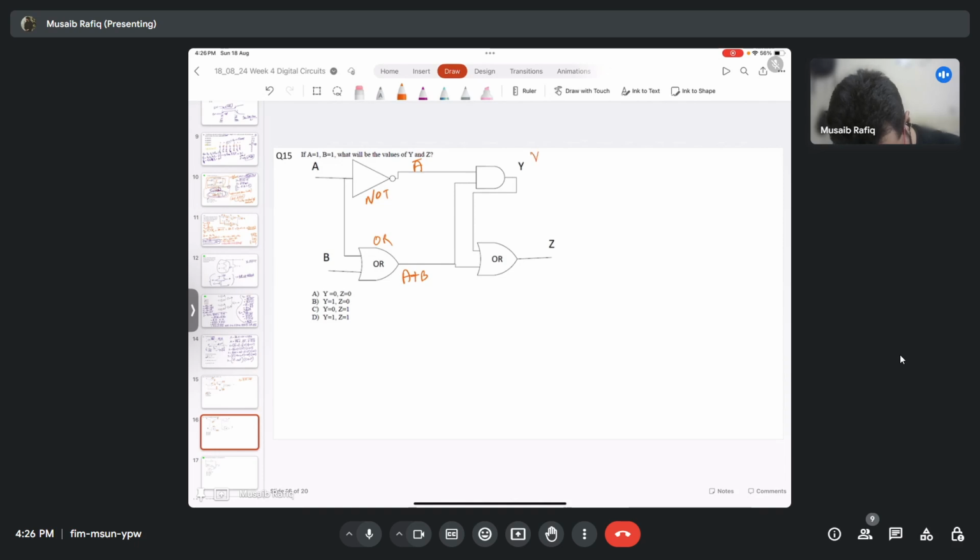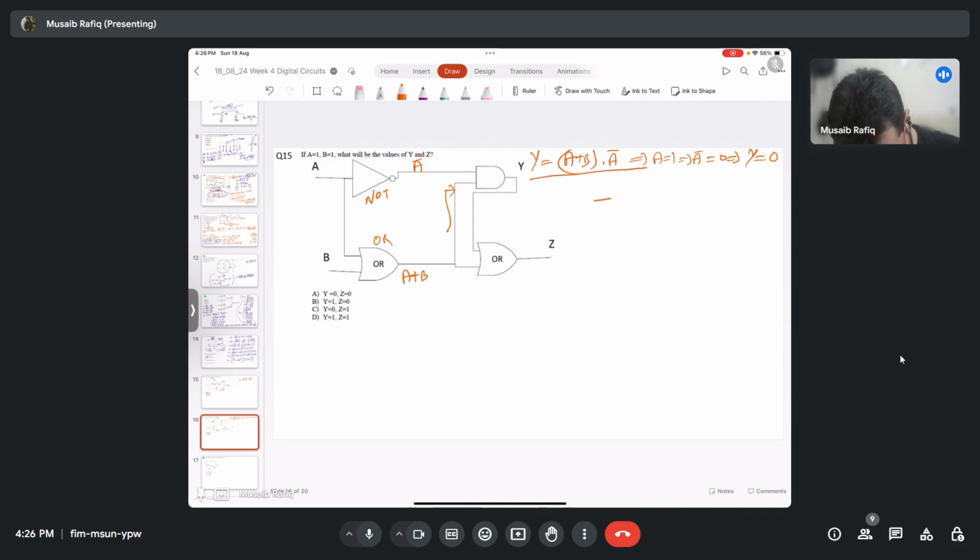So y will be equal to, this goes here. Y will be equal to a plus b dot a bar. So question asks us a equal to 1, that implies a bar equal to 0, that implies y equal to 0, right?